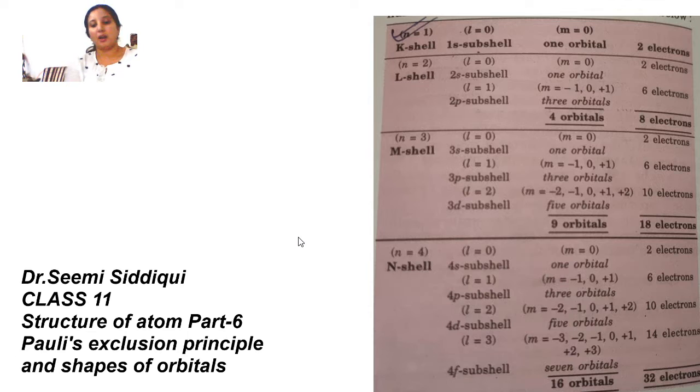Yes. Now, if you look over here, wait a minute. Yes. Now, if you look at this K shell over here, K is what? Over here, n value is 1. When the value of n is 1, I am having l equal to 0.